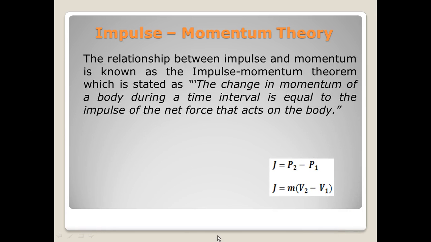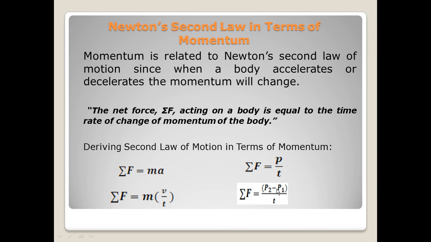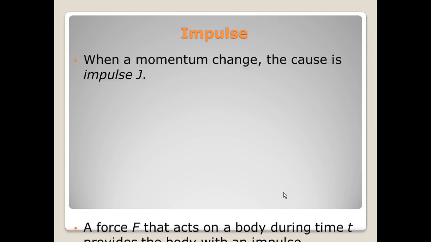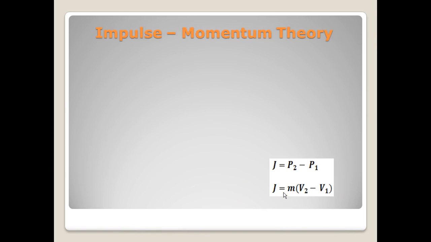So the relationship comes from the idea that the cross multiplication of time with the net force gives us our impulse, and this is equal to the difference in momentum, final minus initial, or simply the change of momentum of the object.